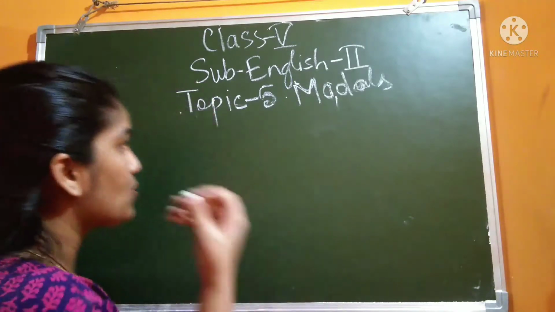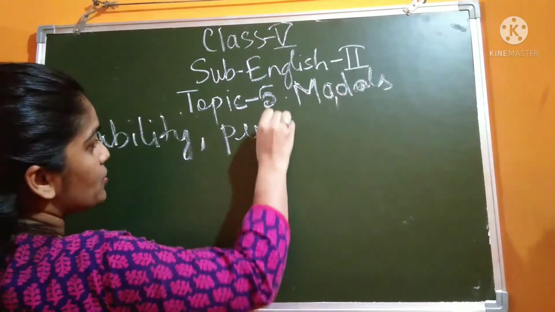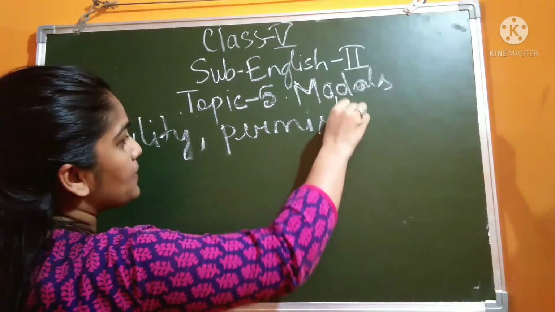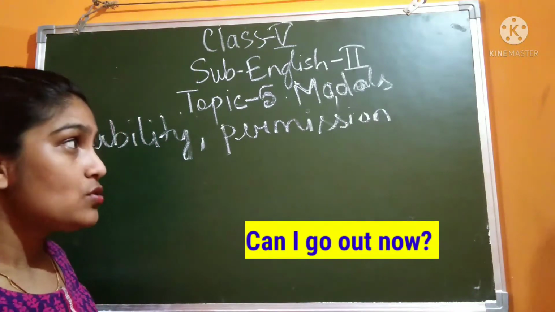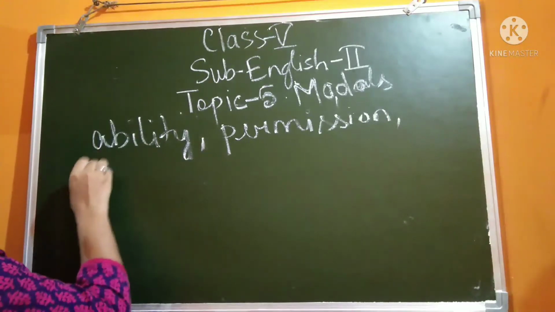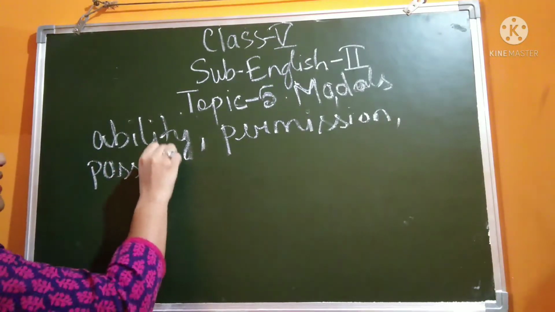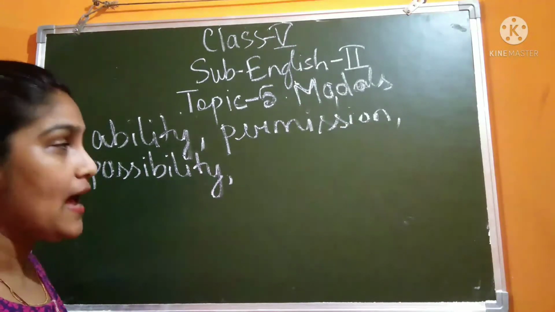One example I have shown you is that we use modal verbs to express ability. Also we use modal verbs to express what? Permission. For example, can I go out now? Can I leave now? So these are permission, right? And also possibility. Something may happen, right? There is a possible chance that it can happen.